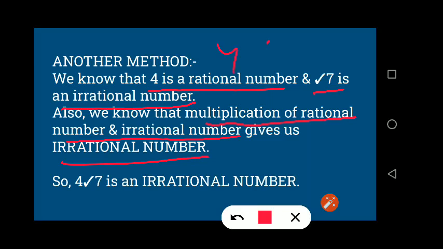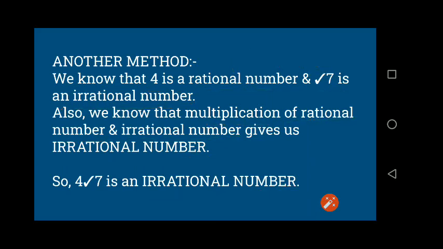So 4 multiplied by root 7 is an irrational number. Hence 4 root 7 is an irrational number. So this is the way we have to prove that any particular number is irrational. The same method we can use for addition or subtraction also.